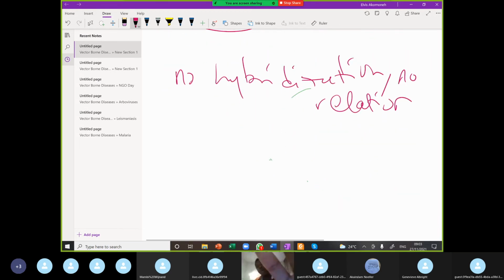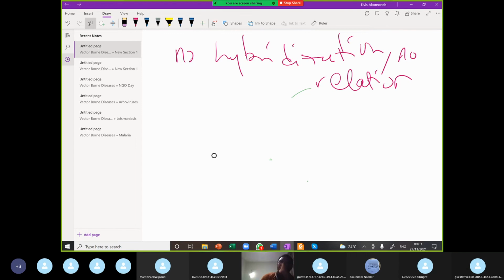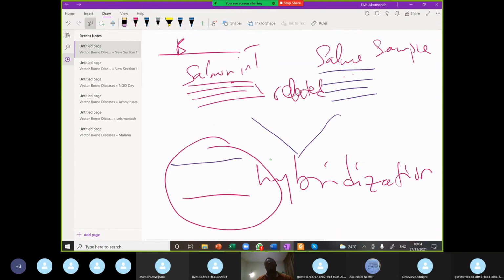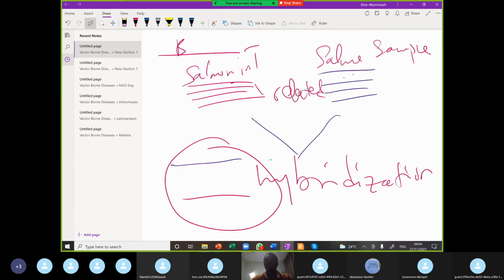Southern, in particular, wanted to detect mutations in the DNA molecule. So I could take the same Salmonella DNA molecules from two different strains of organisms, or from two different samples, but I know that both of them are tested for Salmonella, and allow them to bind.